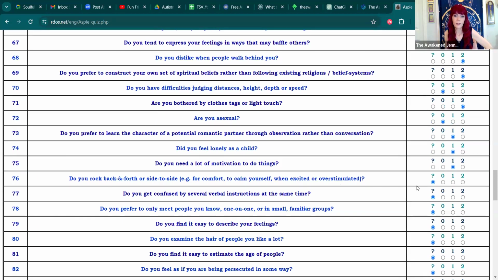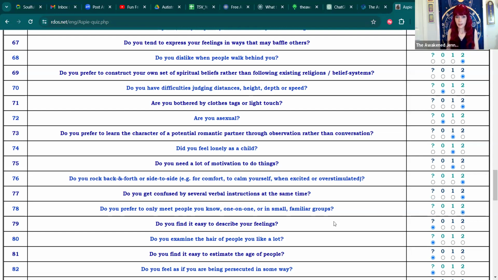Do you rock back and forth or side to side for comfort, to calm yourself or when overexcited? I do. Do you get confused by several verbal instructions at the same time? Yes. Do you prefer to only meet people you know one-on-one or in small familiar groups? One-on-one. Yes.